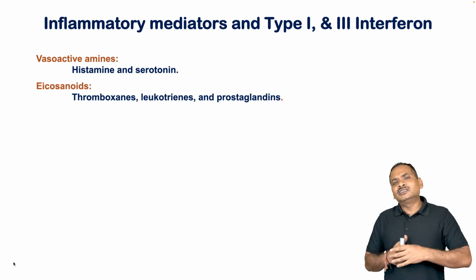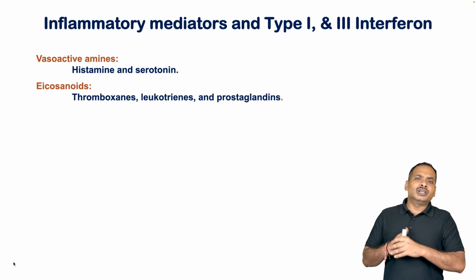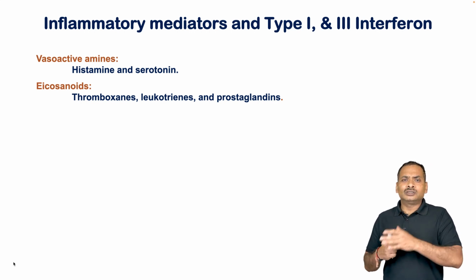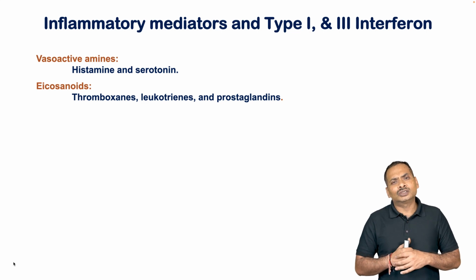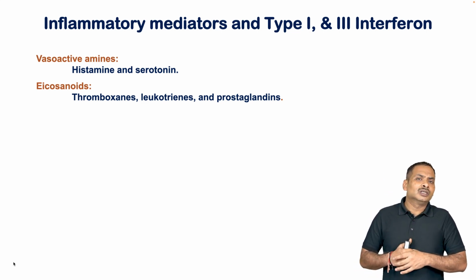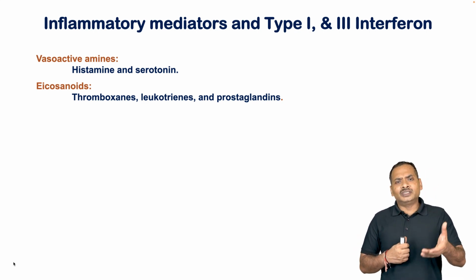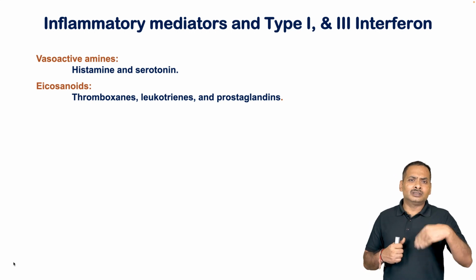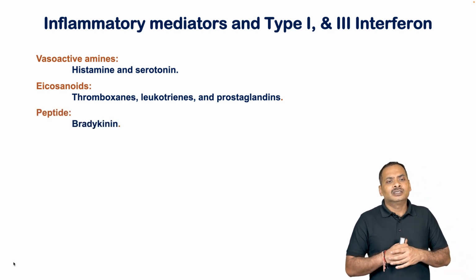There is an enzyme, if you remember, cyclooxygenase, which we call COX-1, and there is another cyclooxygenase which we call COX-2. So, COX-1 and COX-2 are induced upon stimulation of TLR, and in that way these non-proteinaceous inflammatory mediators are synthesized.